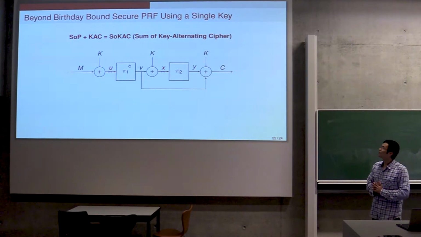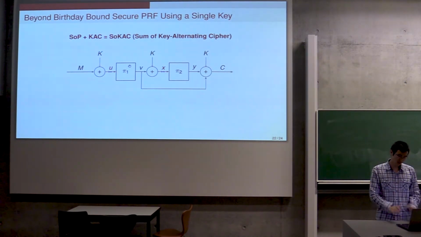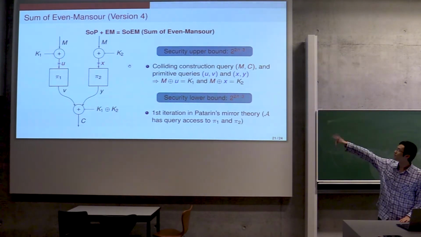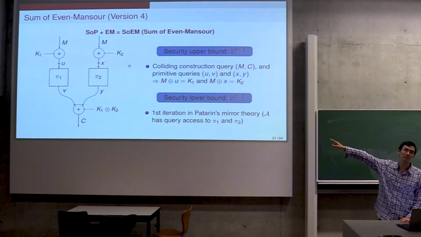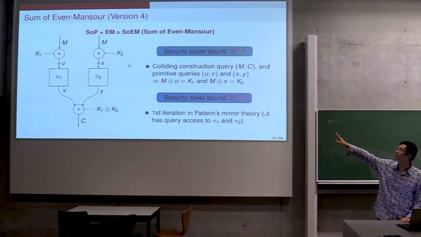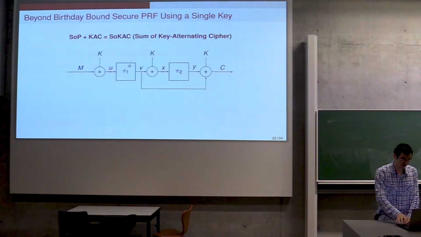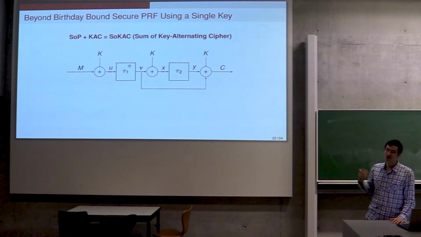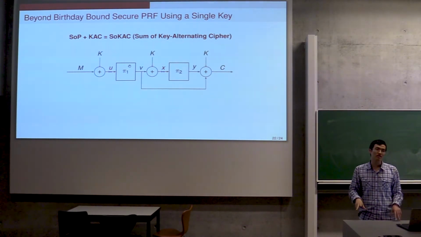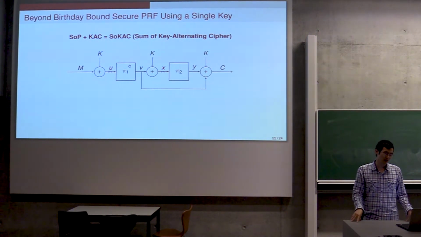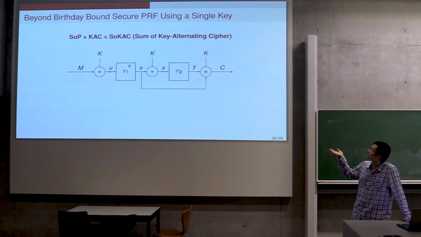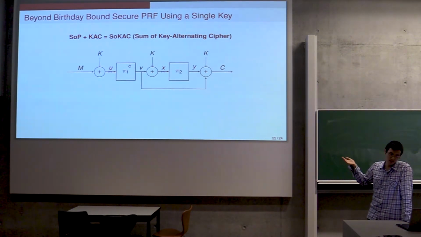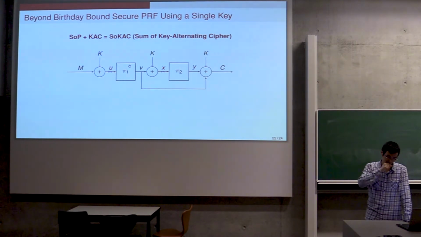So we see that for this construction, we use two independent primitives and two independent keys. You may wonder if it's possible to get a construction with just one single key. We answer this question positively by introducing the next construction, the SoKAC construction, which is a sum of key alternating ciphers.